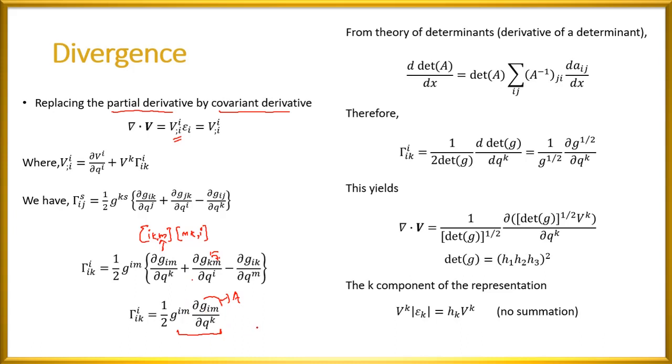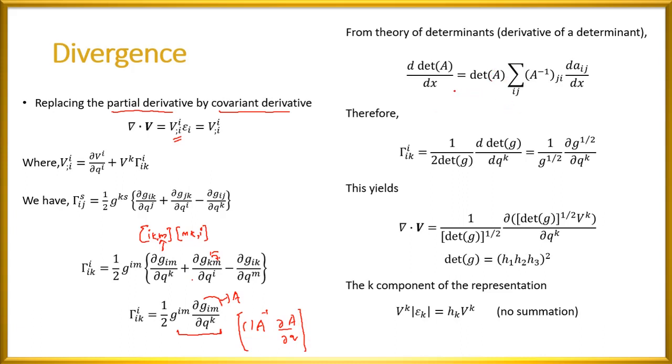So what we have here is A inverse, some scalar into A inverse into the derivative, dou by dou x or dou by dou q, of A. And we are familiar with this kind of expression. This kind of expression comes in the theory of derivatives.